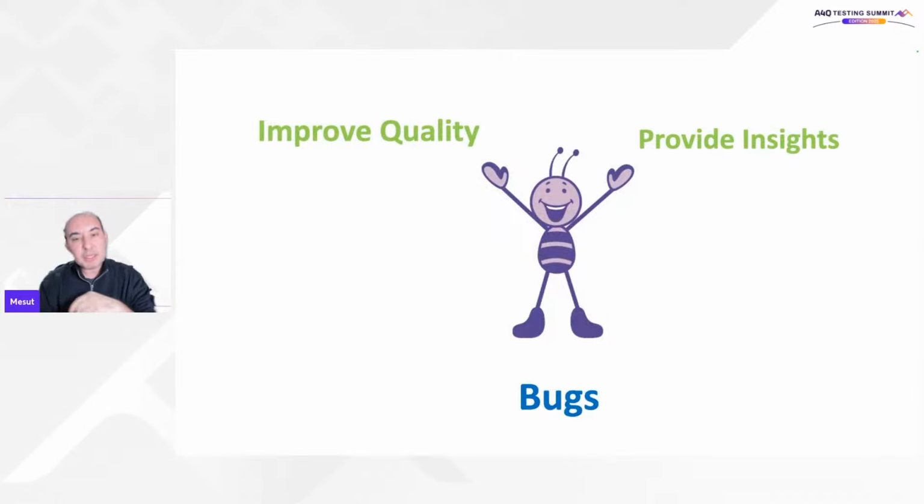So again, by analyzing the bugs, by fixing those bugs, of course, we will be eliminating the weaknesses or the vulnerabilities in the product. That will already be a short win, right? It will already improve the quality.